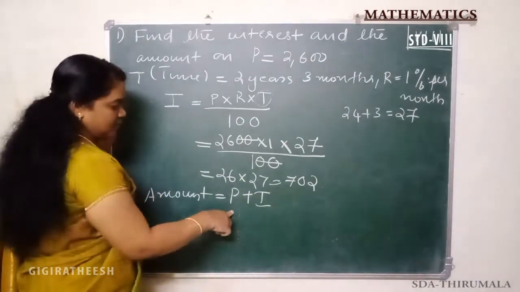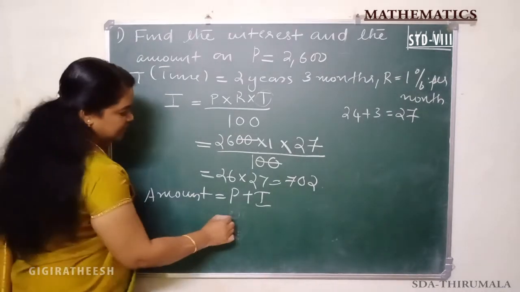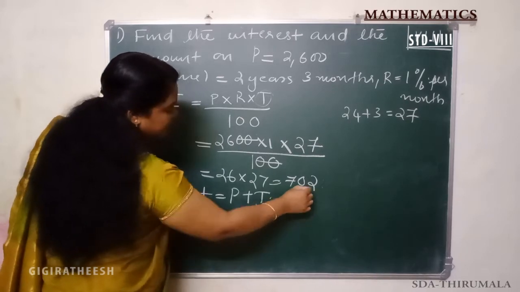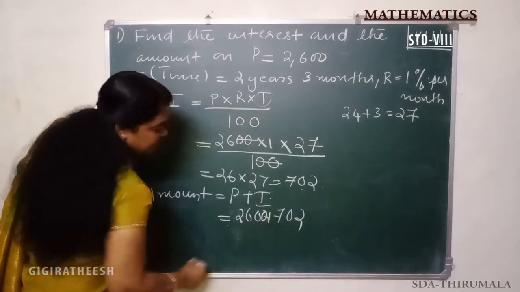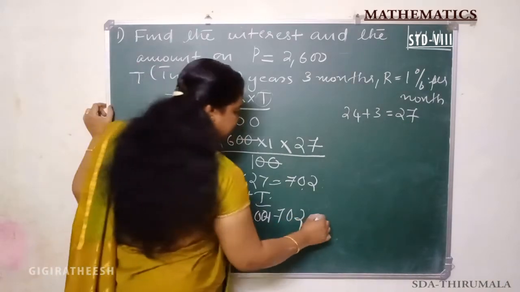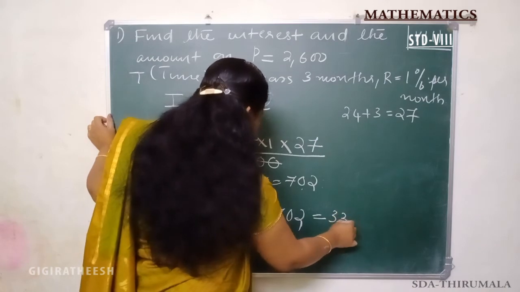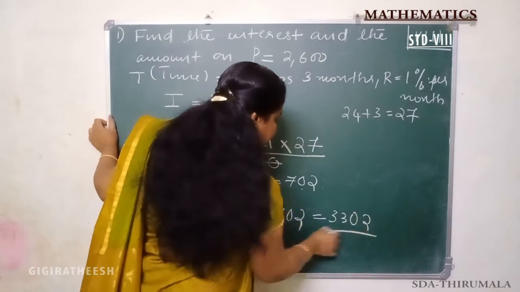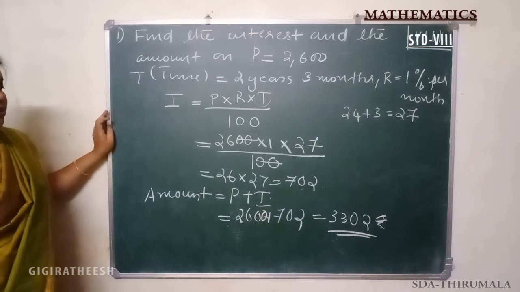The amount borrowed plus the interest, that is, amount is equal to P plus I. P is equal to 2,600 plus I is equal to 702, so we get 3,302 rupees. This is the amount: 3,302 rupees.